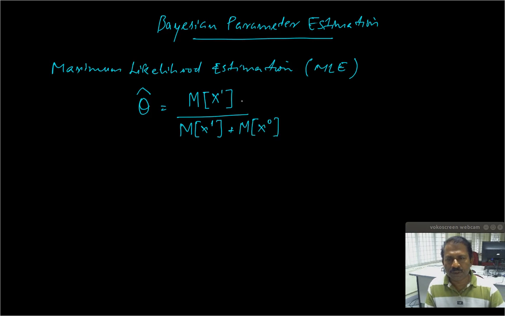So this represents the number of heads, and this represents the number of tails. In the 5 coin toss experiment, we have seen that we got 3 heads in 5 total tosses, and we computed it as 0.6, right? So this was the MLE approach.